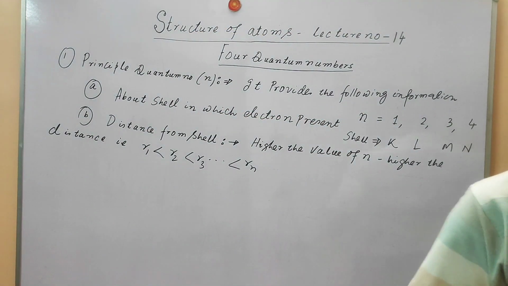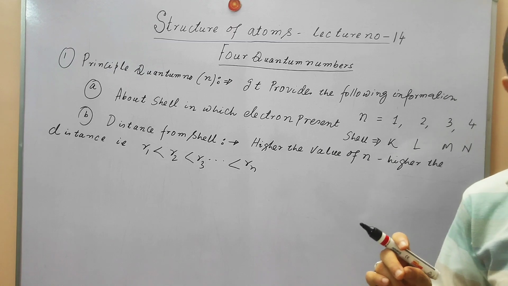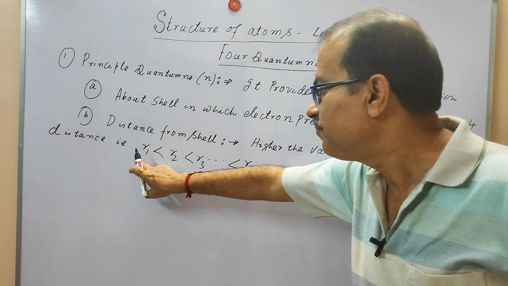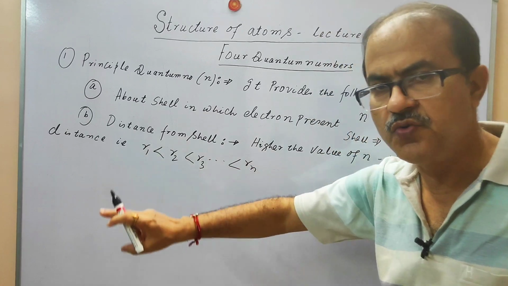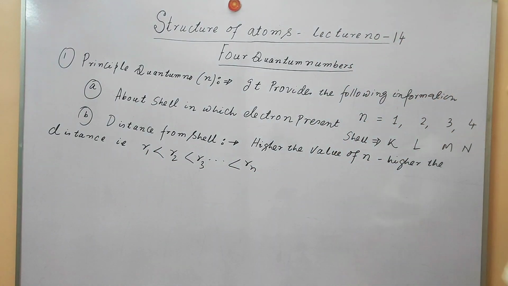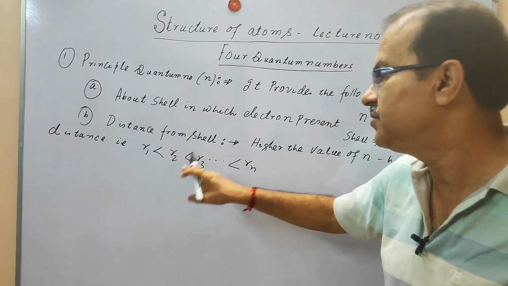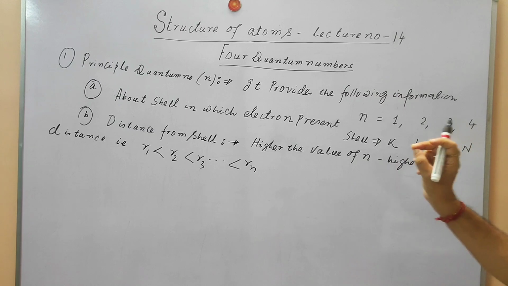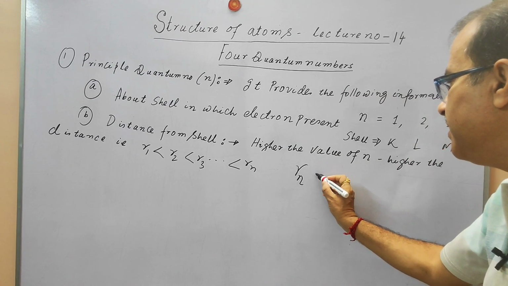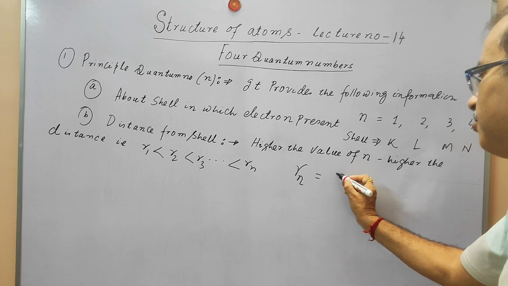Higher the value of n, the higher the distance of the shell from the nucleus. Suppose the radius of the first shell is R1, the second shell is R2, the third shell is R3, then R1 is less than R2, R2 is less than R3, and so on up to Rn, and the radius of the nth shell is given by this formula.